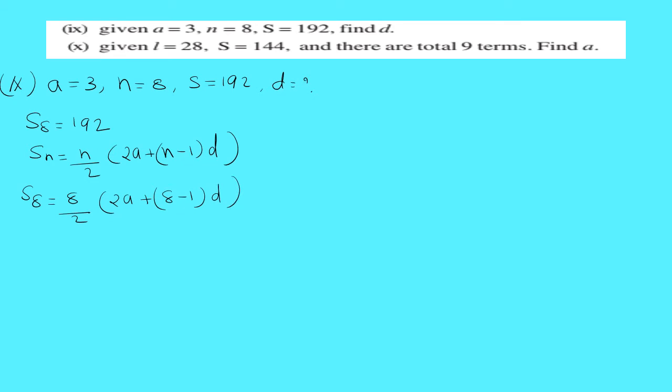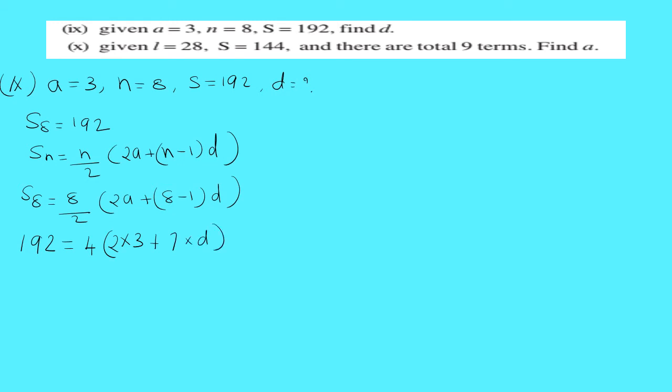S8 is 192 equal to 8 upon 2, that is 4 multiplied by 2 multiplied by a, which is 3, plus 7 multiplied by d.